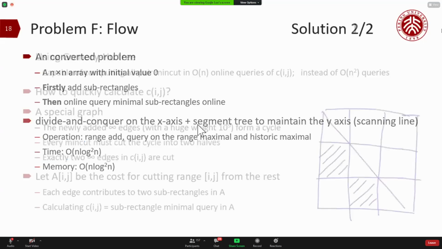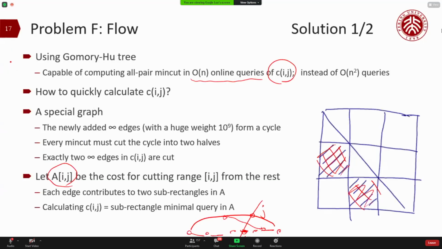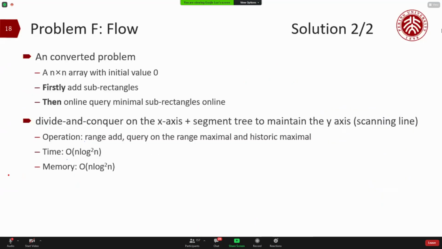One is that we use the data structure to reduce the number of queries, and then we construct this Aij matrix for the computation of Cij. And because of the relation between Aij and Cij, we can use some efficient data structure for this task. So this is problem F.